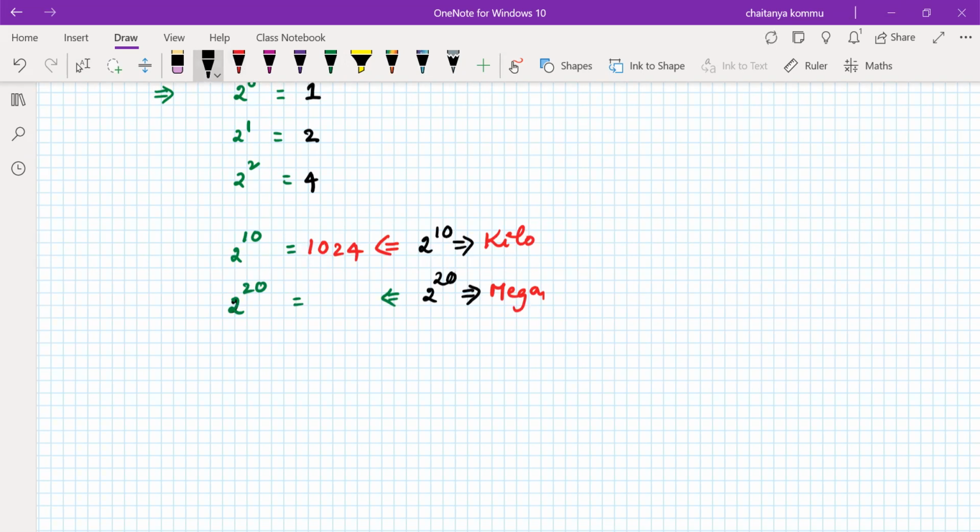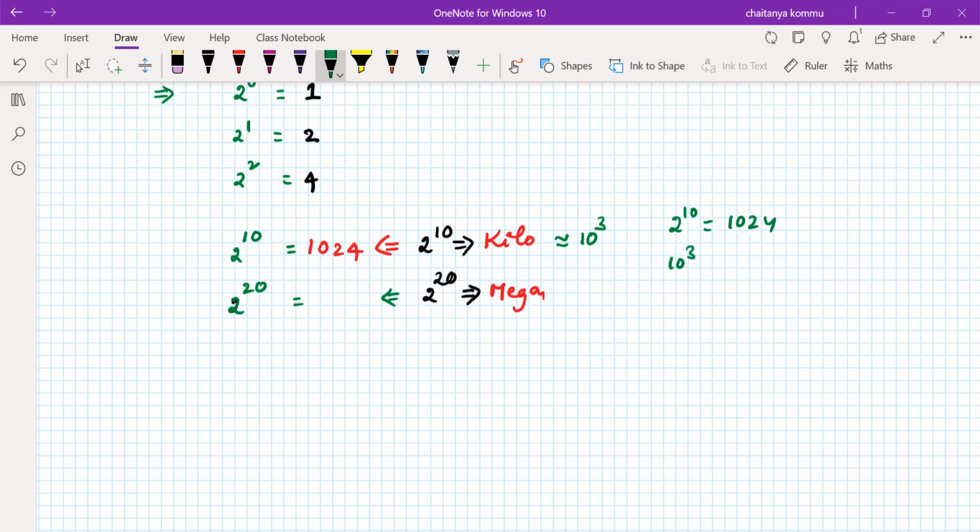Knowingly or unknowingly, this is equivalent to 10 to the power of 3. Normally in the decimal number system, 10 to the power of 3 we call a kilo. In the computer, the binary number system point of view, 2 power 10 we call kilo.